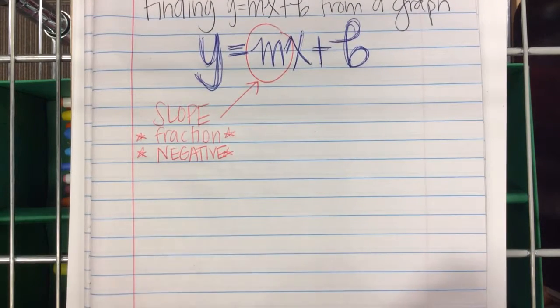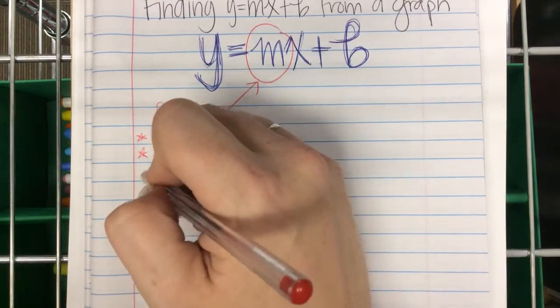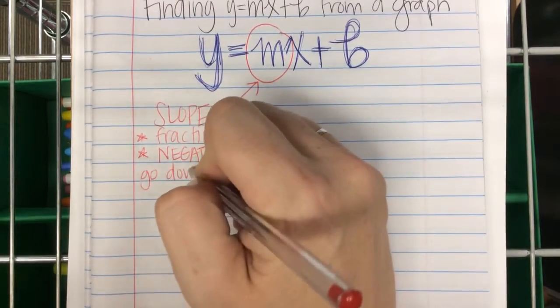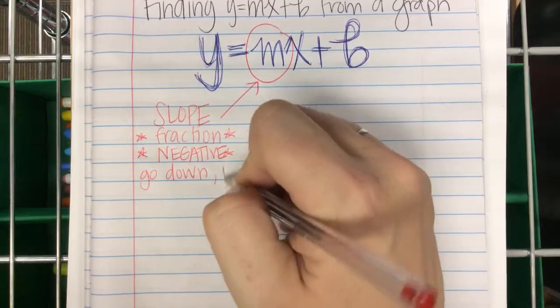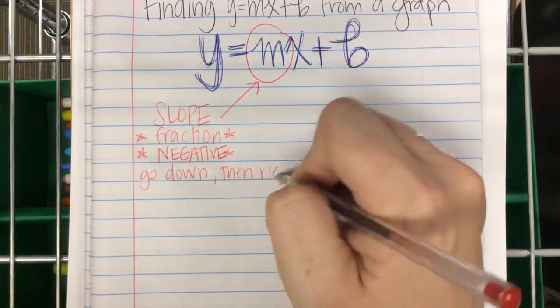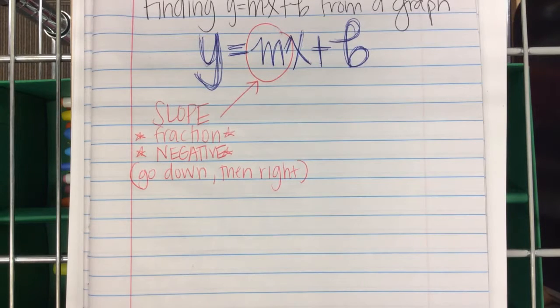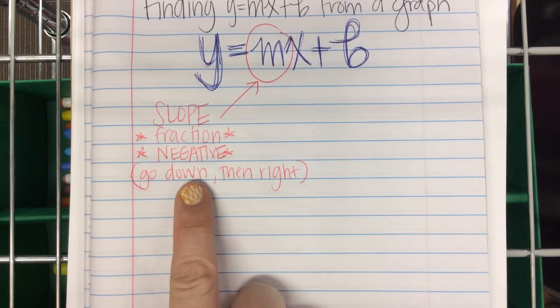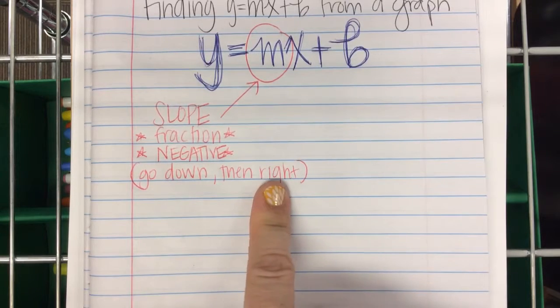If it's negative, right, you go down, then right. If it's a negative slope, you go down. That's a negative value. Then you go to the right, which is positive.